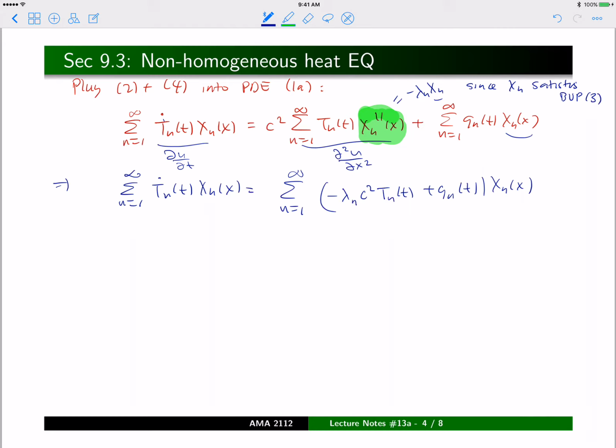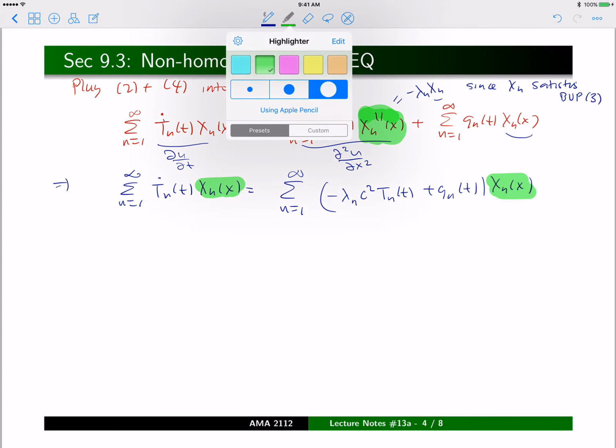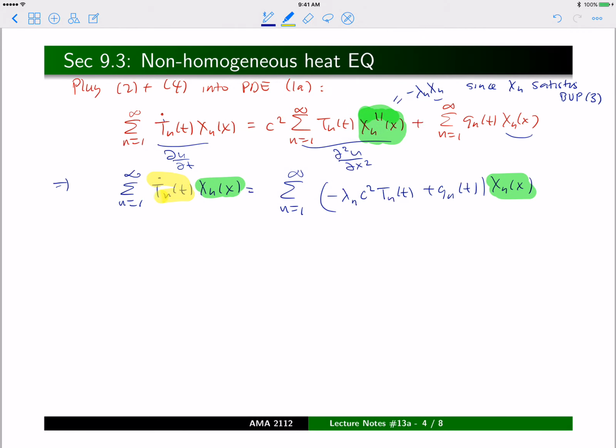So therefore, since these infinite sums on the left and right hand sides are expansions in terms of Xn of x, the coefficients in front of these expansions must be equal. That is, this yellow coefficients must be equal.